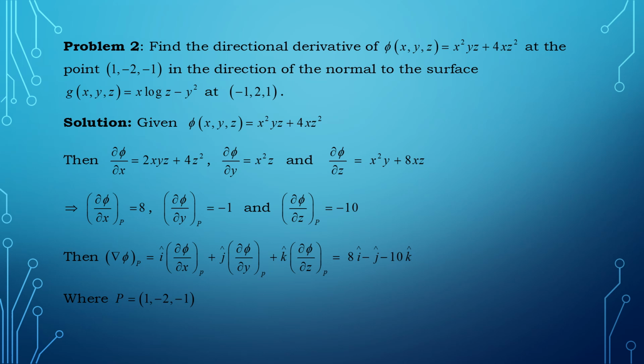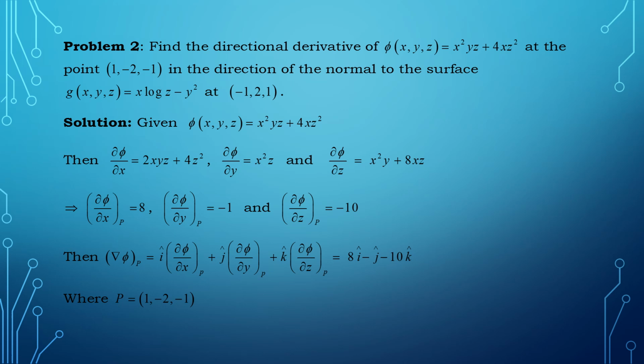Now we find dou phi by dou x at P, dou phi by dou y at P and dou phi by dou z at P. Here P is the point (1, -2, -1). If we find these values, we obtain dou phi by dou x at P equals 8, dou phi by dou y at P equals -1, and dou phi by dou z at P equals -10.